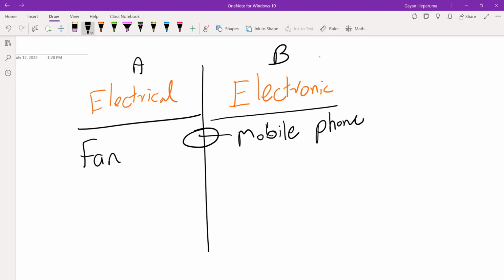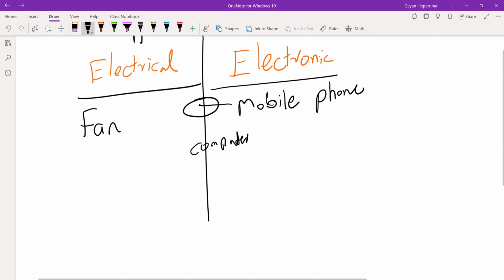Computer. Okay, computer is in the middle. Okay.